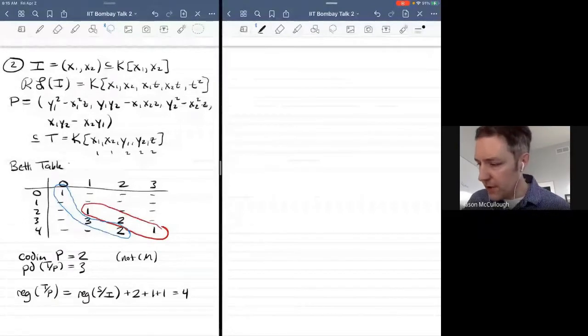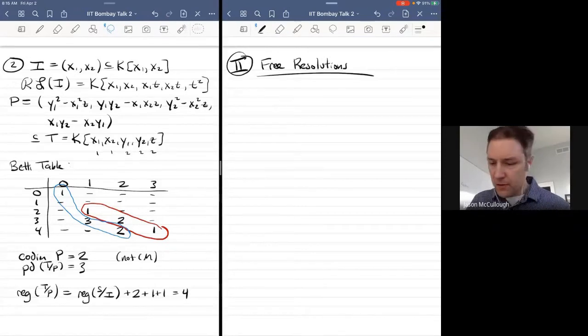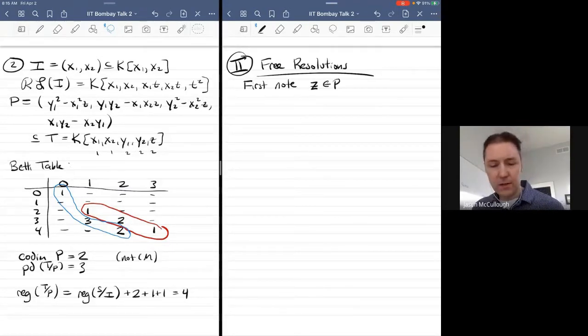So let's talk about what we can say in general about free resolutions. So first note that the variable z was not in the ideal of defining equations. So that means z is a non-zero divisor on the quotient.